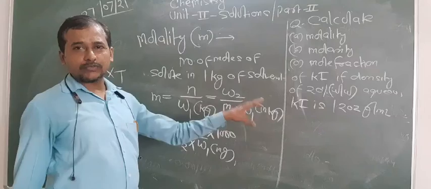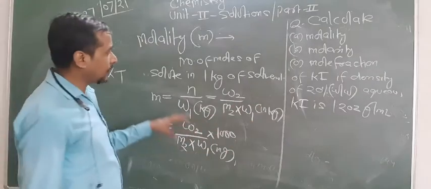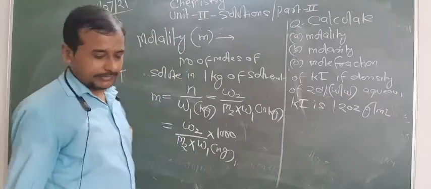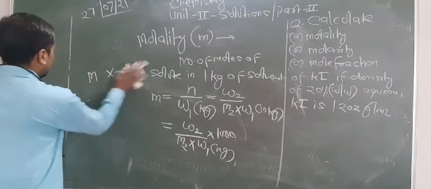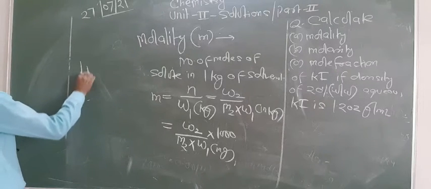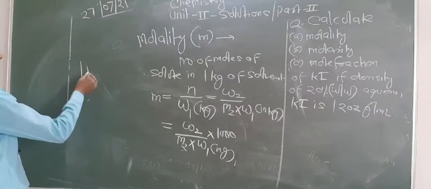So one question arises: how can you say that molality is independent of temperature? Just write the answer: because this involves mass. Are you getting this point or not? Now the other things are similar to molarity, just like 1 capital M equals 1 molar.